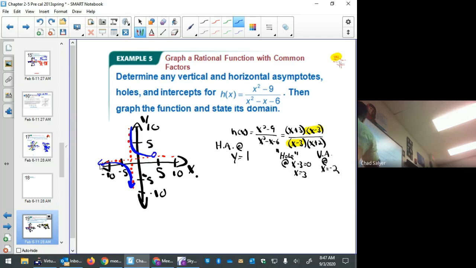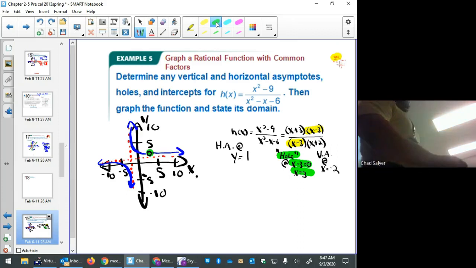Then there we go. So you see how the hole manifests in the graph.